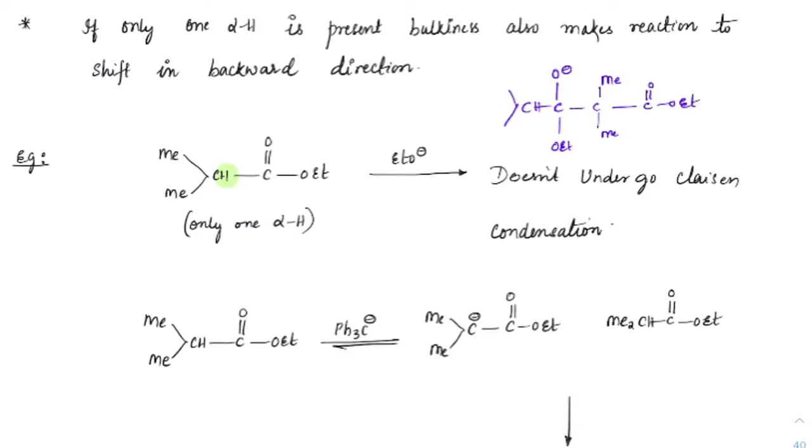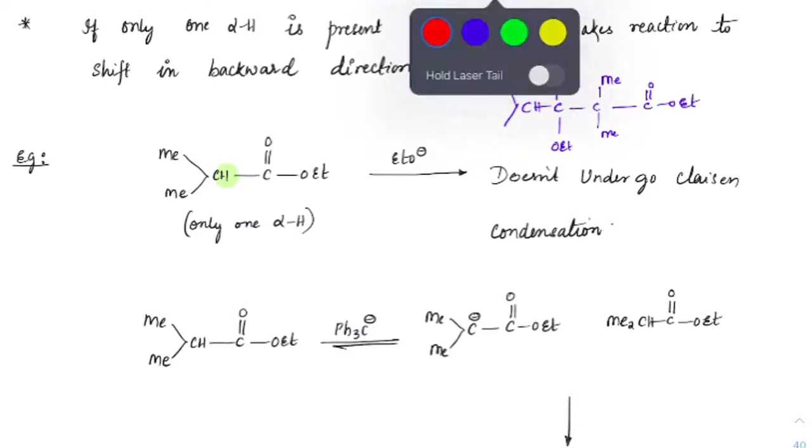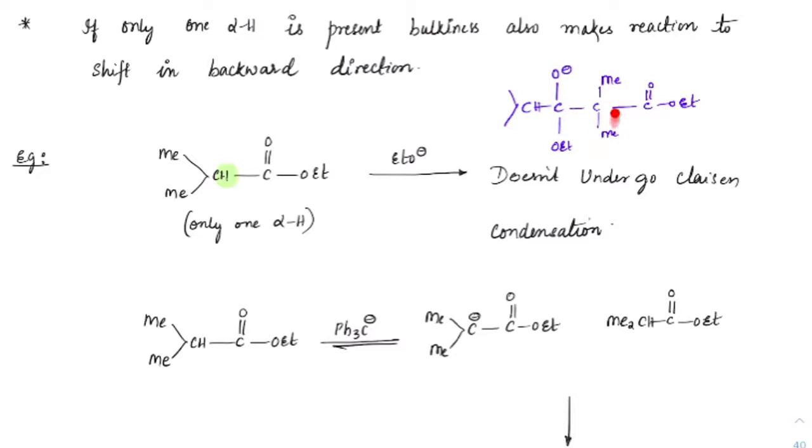This is what we have got. Now if you see, there are no alpha hydrogens left over because this will close as a double bond and remove this group. Now EtO minus does not have any protic hydrogen here to proceed the reaction in the forward direction. So EtO minus again has to attack here and may shift the reaction backwards.